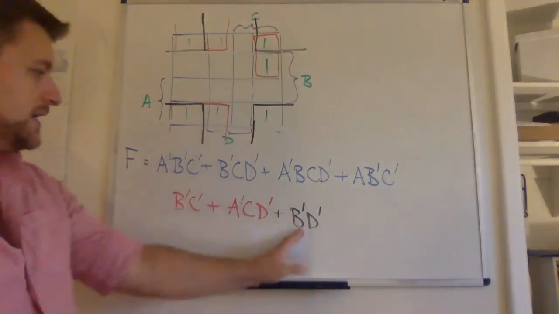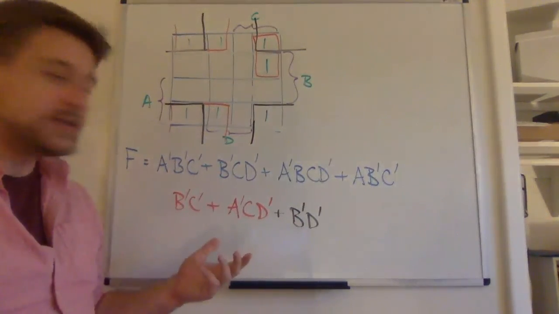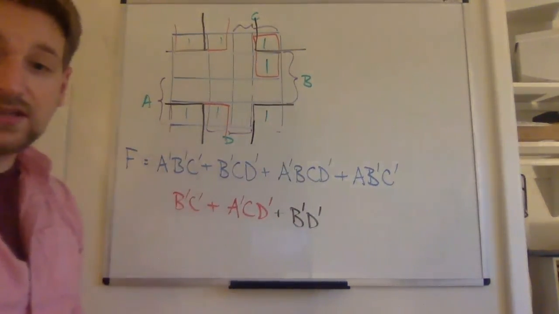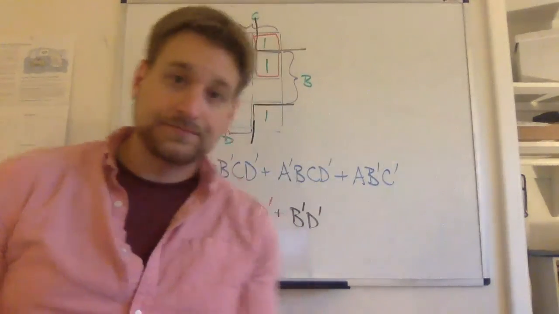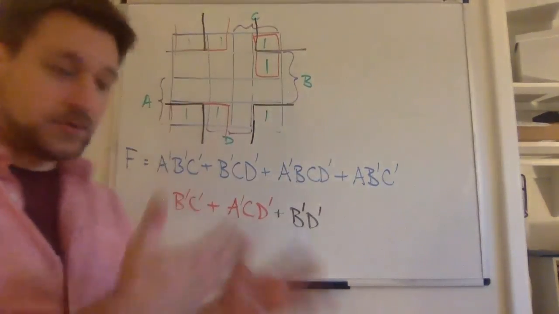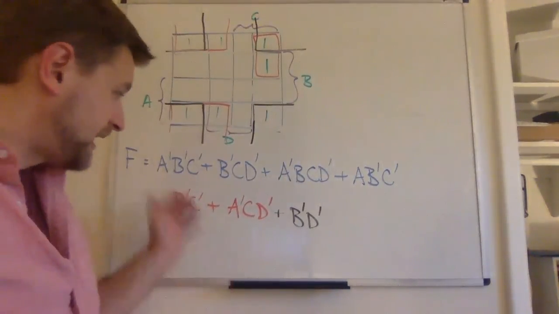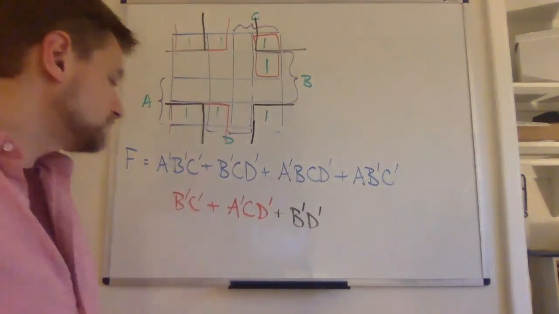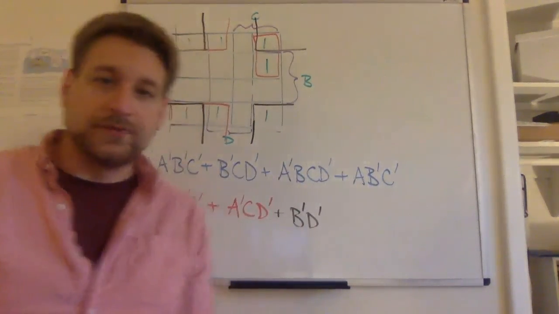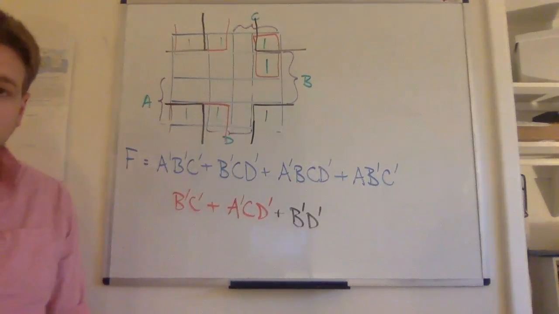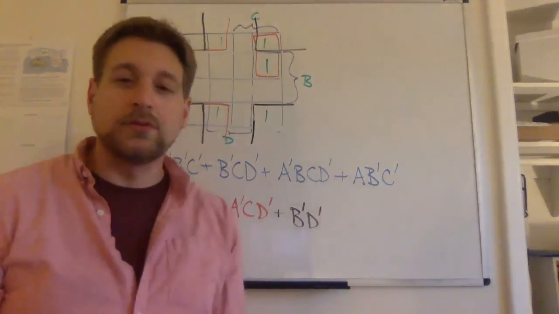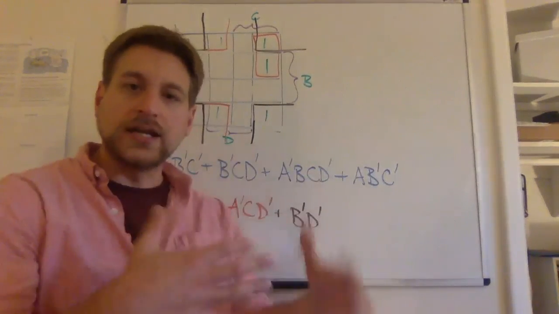And again, we could factor out the B complement and write C complement or D complement, and that maybe is savings, depending on the chips we have available, if we don't have a 3-input OR. But that's 4 variable K-maps, and that's how they work. They take a little bit of practice, and it takes a little bit to remember the weird gray code sequence.